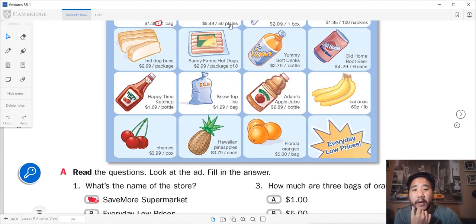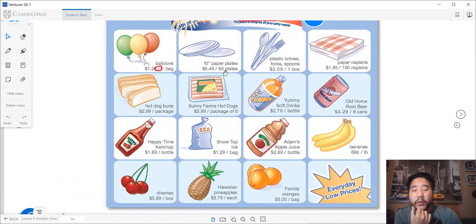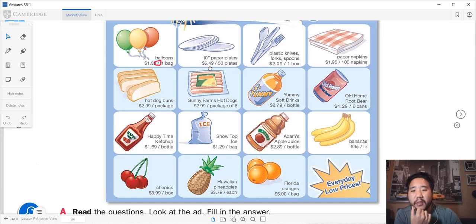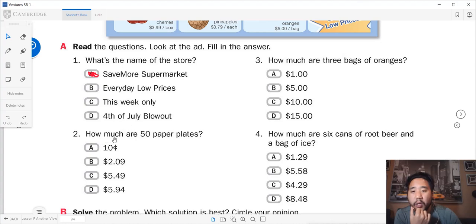So in order to buy 50 plates, it's going to cost $5.49. And based on the question, it says how much are 50 paper plates? And we know that 50 paper plates are going to cost $5.49. So the C for number 2.